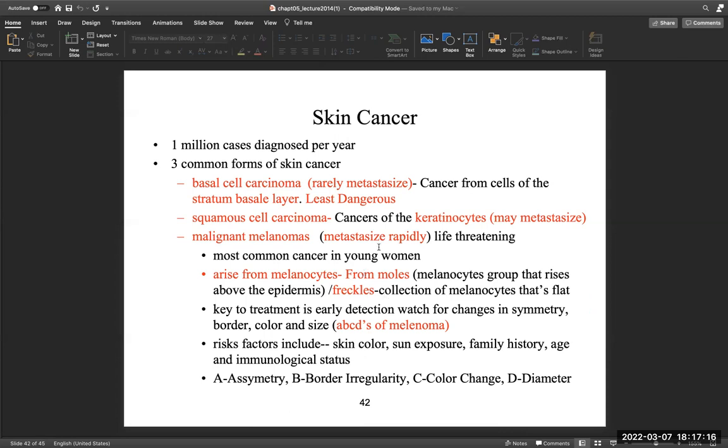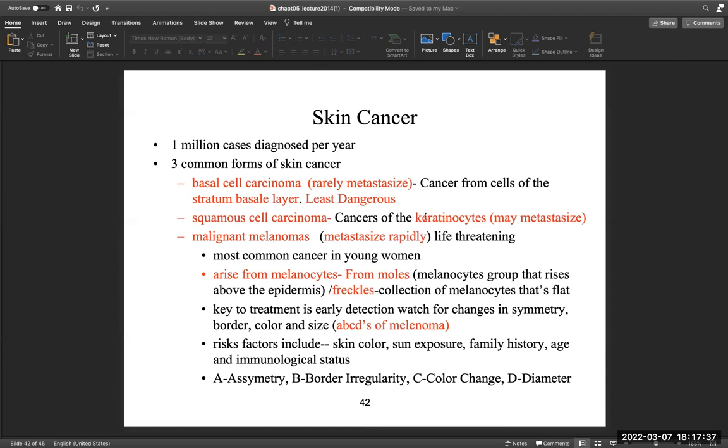We call the movement metastasis. Once a cancer has metastasized, the mortality rate goes up exponentially. So let's talk about this squamous cell cancer that sometimes metastasizes. It can metastasize and cause an increase in the mortality rate.